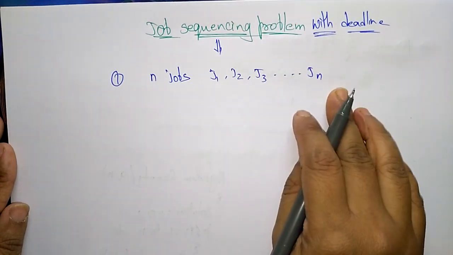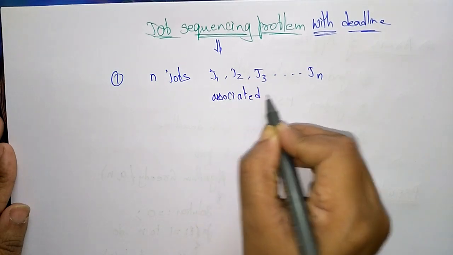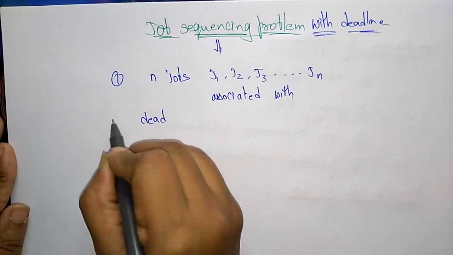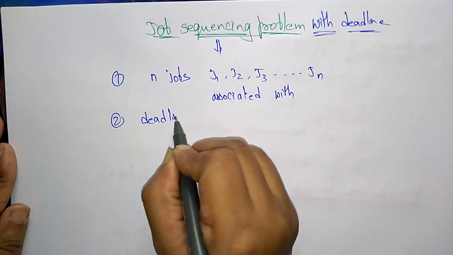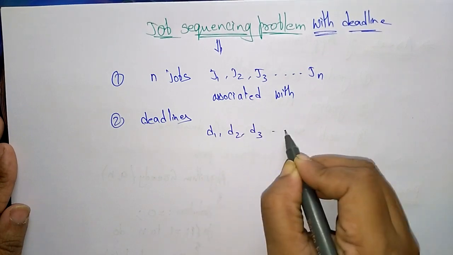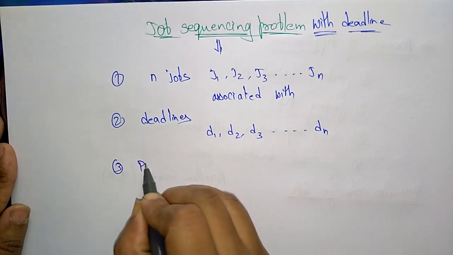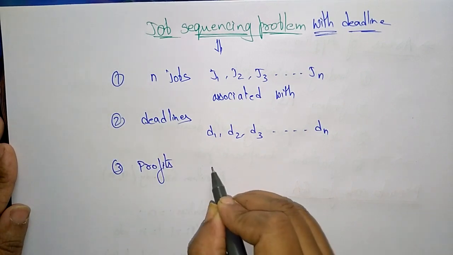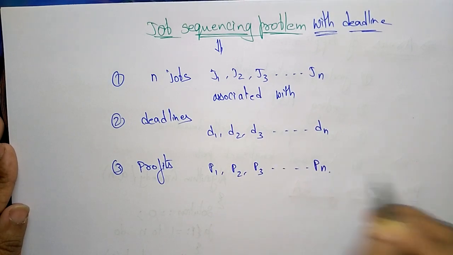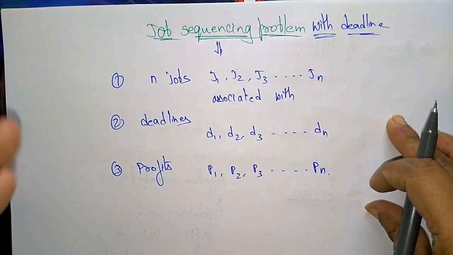These n jobs are associated with some deadlines D1, D2, D3 up to Dn and some profits P1, P2, P3 up to Pn. So these are the points that you have to remember in the job sequencing.